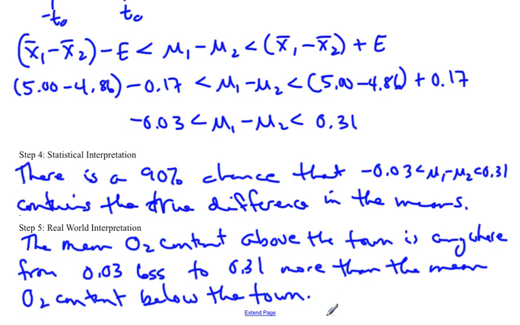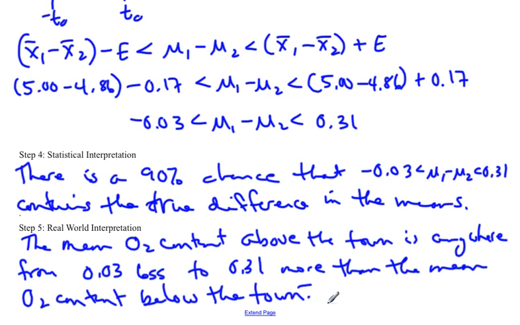So I do want to make a comment. If both of these are positive, then in that case, the mean above would have been always more than the mean below. If both of these are negative, then that would mean the mean above would always be less than. It's only because one is negative and one is positive that they kind of switch here between less than and more than.